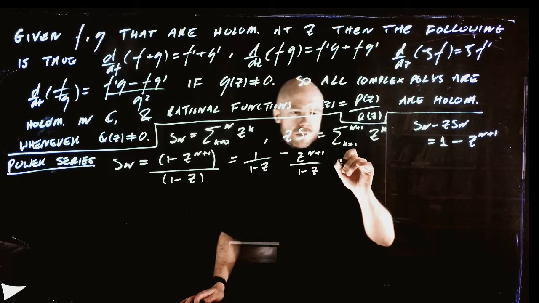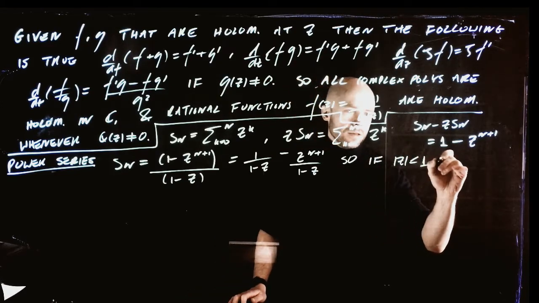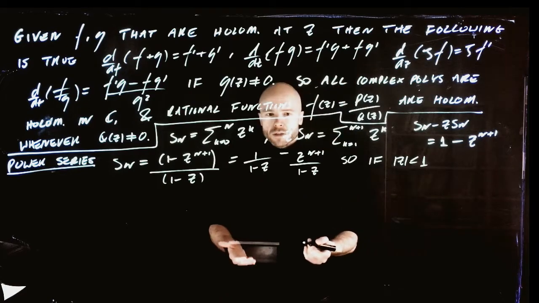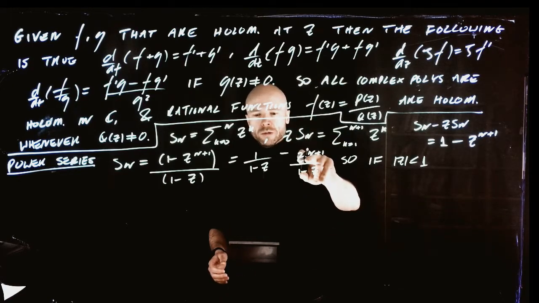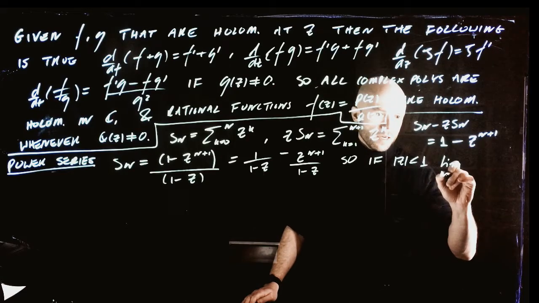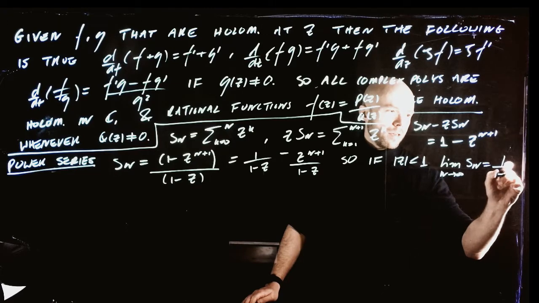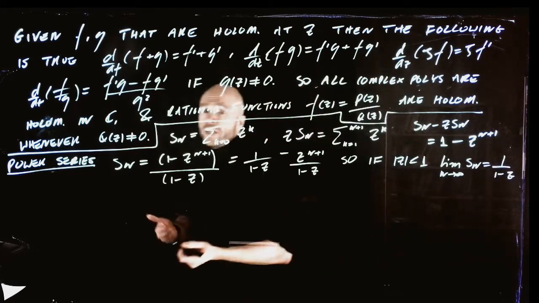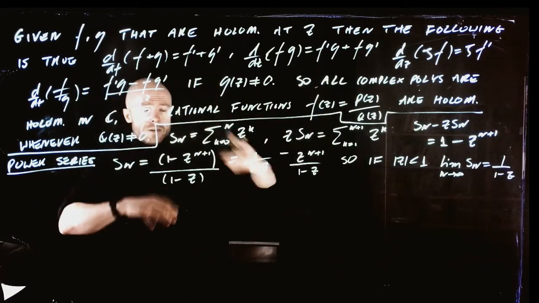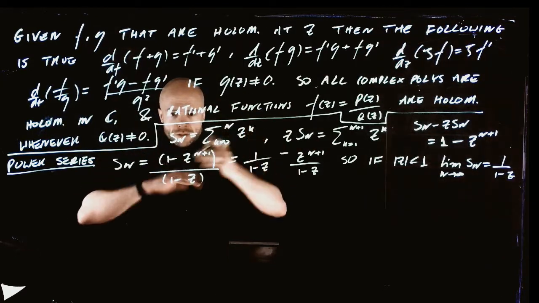So if the absolute value of z is less than 1, then we can see that this thing is going to converge, because this term right here will tend down to 0. We'll have that the limit as n goes to infinity of Sn equals 1 over 1 minus z. So we have learned that this makes sense. This is a meaningful, well-defined function, right?